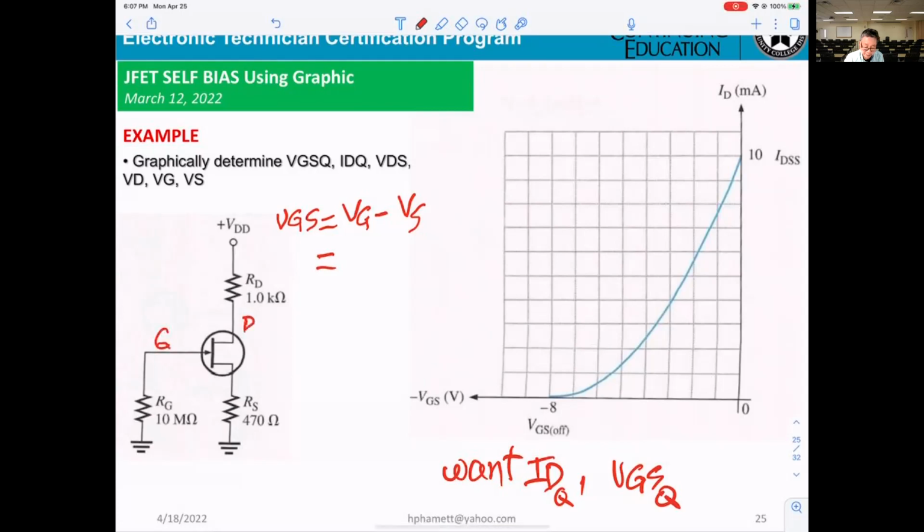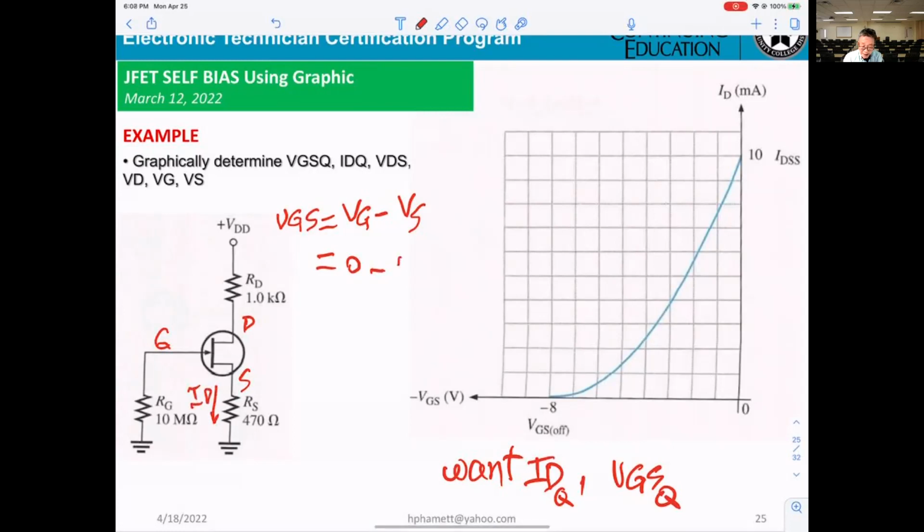That will be a short. VG equals 0, right? Minus VS, that's the current flowing here. IS or ID the same.